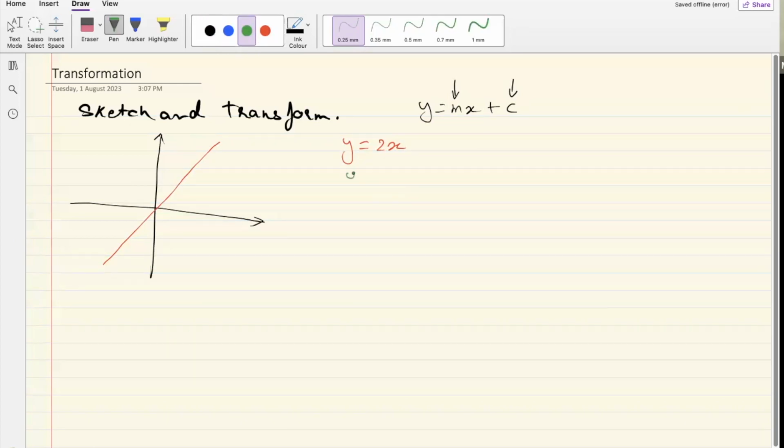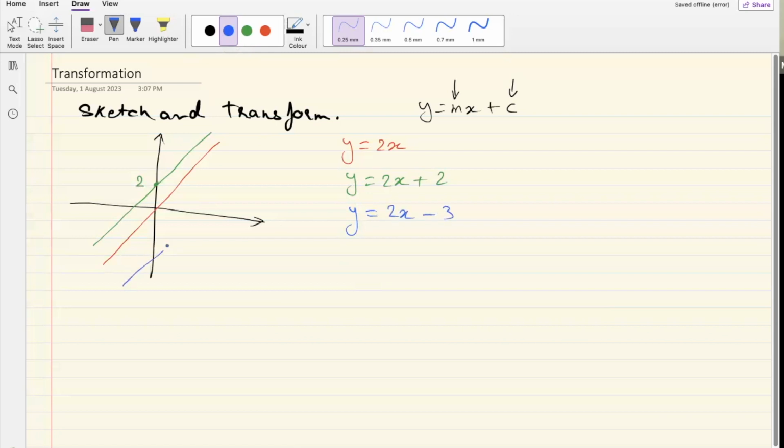And if I ask you to draw the line y is equals to 2x plus 2, would you agree this line would look like this, parallel to the previous one, but now it intersects at 2? Suppose the question tells you to draw y is equals to 2x minus 3.